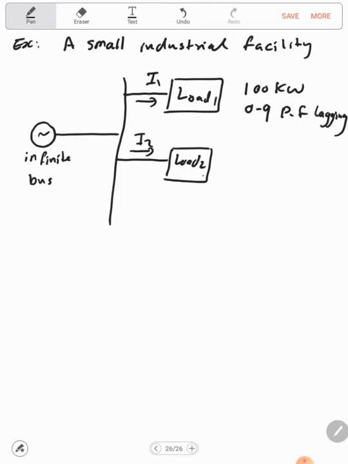Load number 2 consumes 80 kilovolt ampere at 0.8 power factor, also lagging. And finally here we have a synchronous motor.